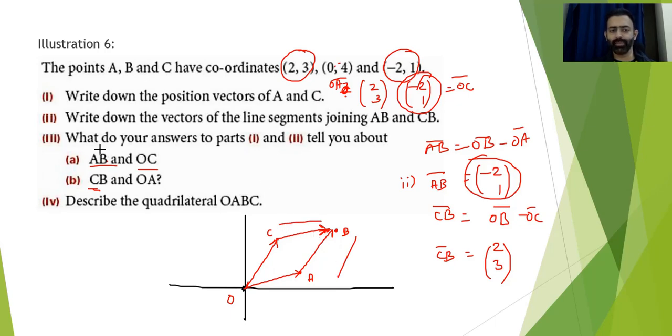AB is minus 2 and 1, and the adjacent vector OA is 2 comma 3, so AB is not equal to OA. Only opposite sides are equal, so I will say that this is a parallelogram. All right, fine.